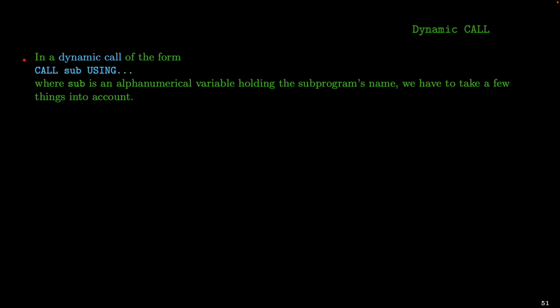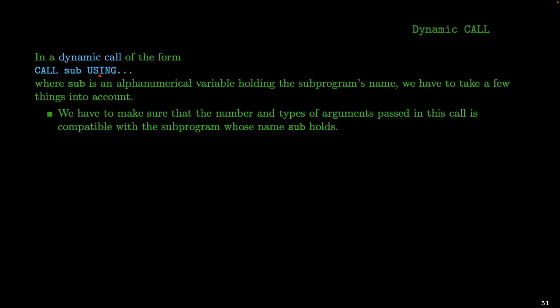The dynamic call, as I said in the beginning, is the call where you use an alphanumerical variable holding the subprogram's name and then using arguments, maybe returning a value just like in the static call. But here we have to take a few things into account.